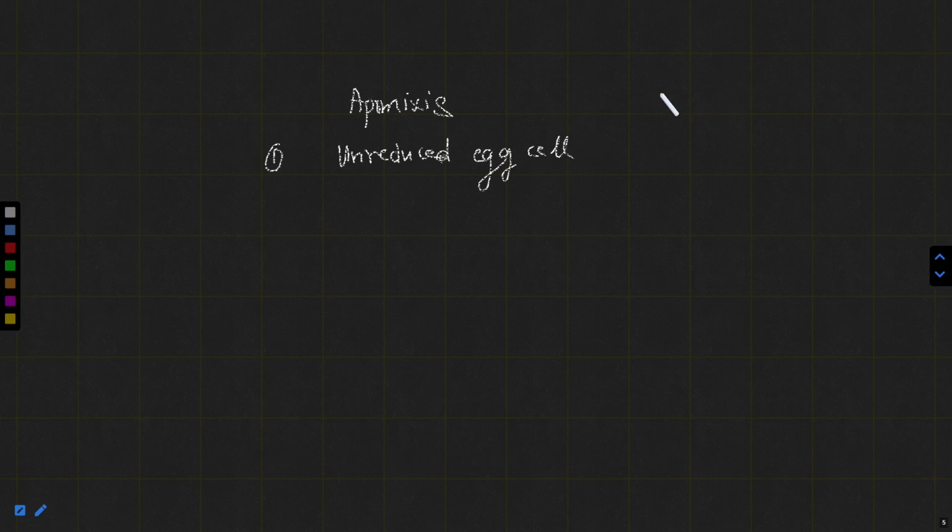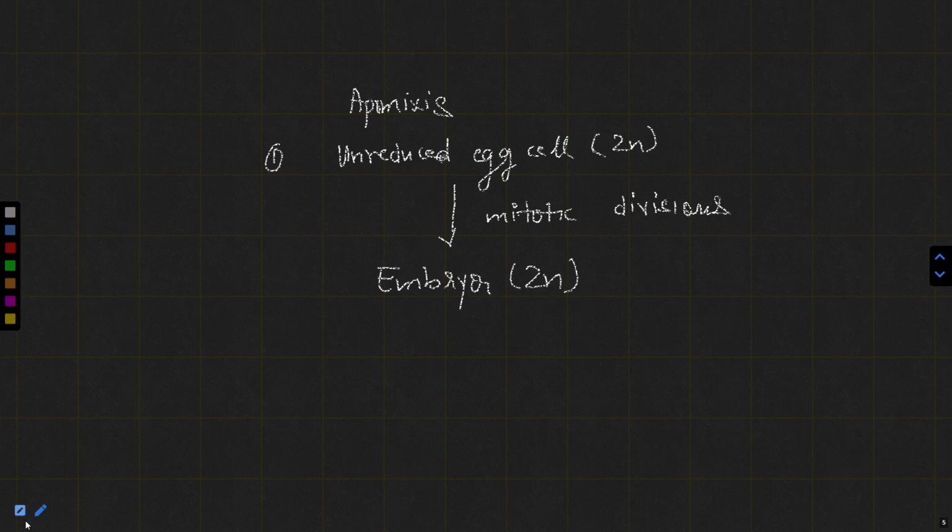Unreduced egg cell which is diploid. Okay. Now this egg cell divides by mitotic divisions, and then it will form the embryo, which will again be diploid. Now let's move on.